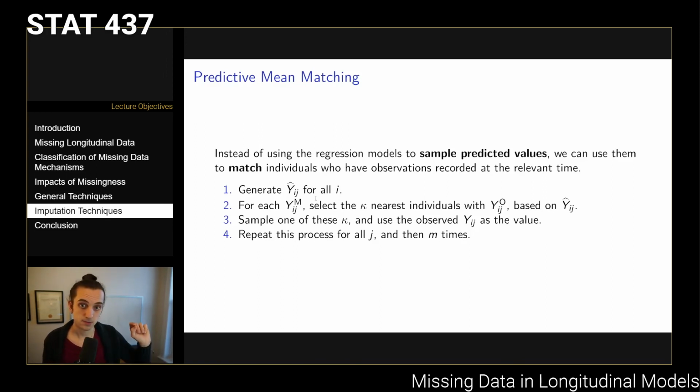Then we fit a regression model at stage 3 using 1 and 2 and the covariates, and then we predict those values. With matching, instead of using the predictions directly, we're pairing off people who are close to each other and borrowing actually observed values. And then we just need to be careful, and that's where all of that fancier math comes in, to ensure that we're correctly accounting for all of the variability in the sample. But conceptually, it's just sequential regression models, and the R code is going to handle that for us.